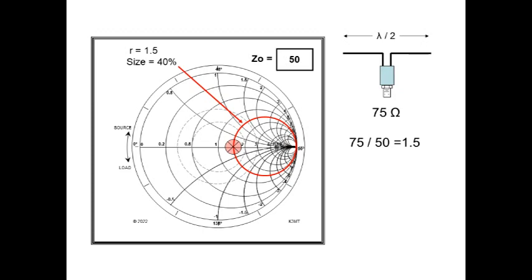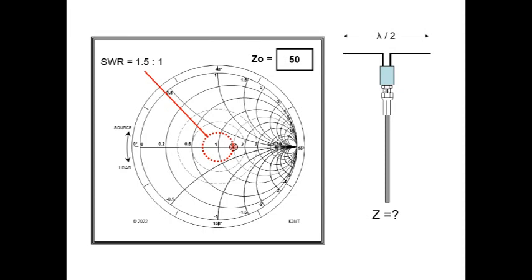When coax is added, the impedance at its other end changes, and depends on the amount of coax, in wavelengths, or degrees. 90 degrees is a quarter wave. To see what happens, draw another circle in the center that touches the R equals 1.5 circle.